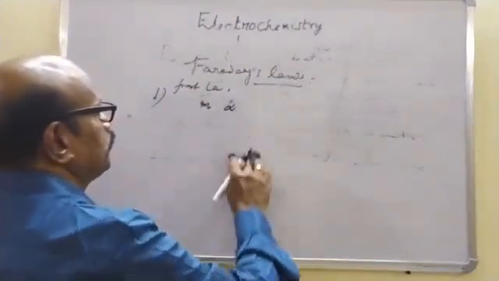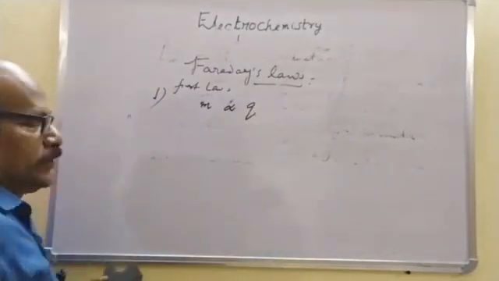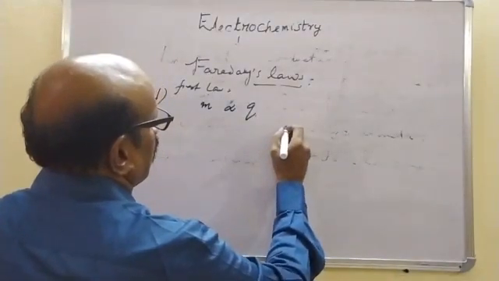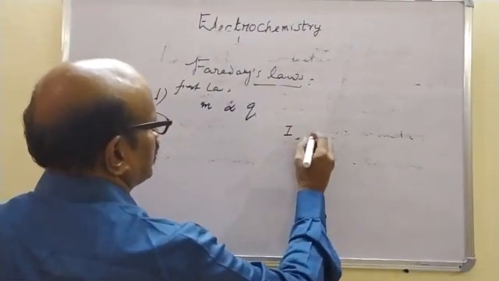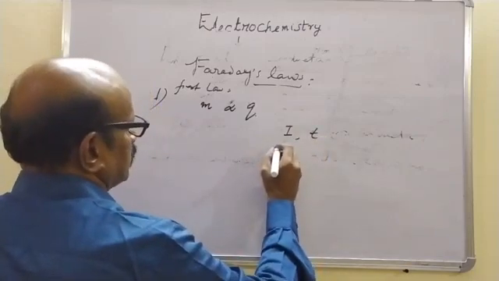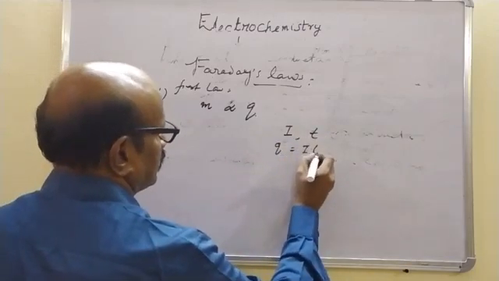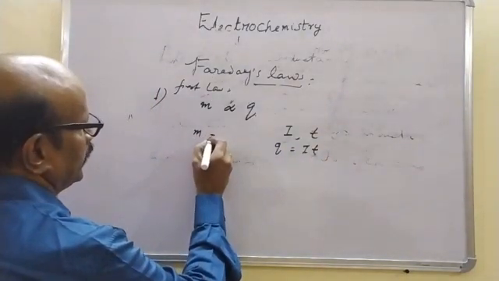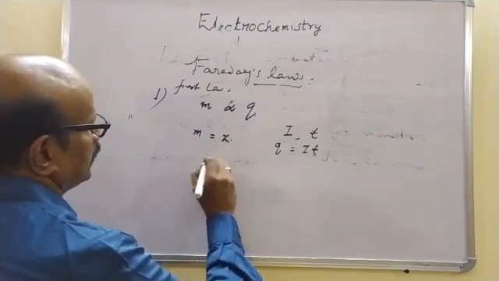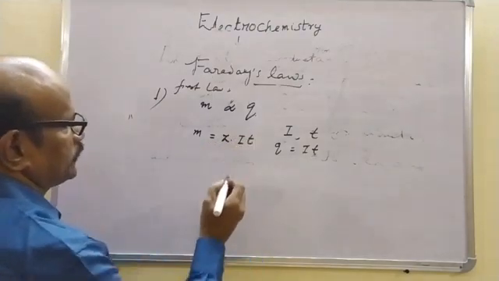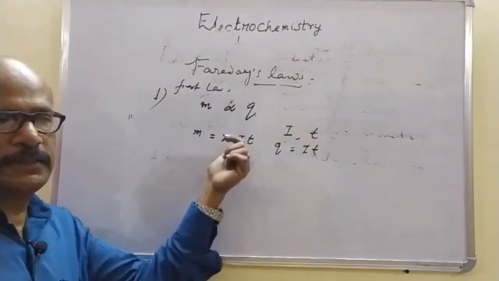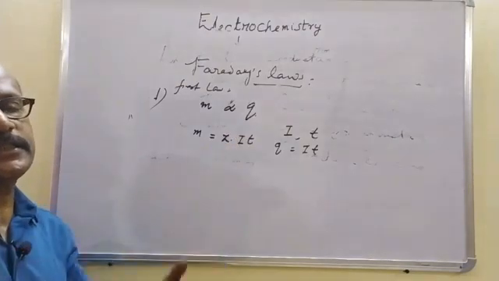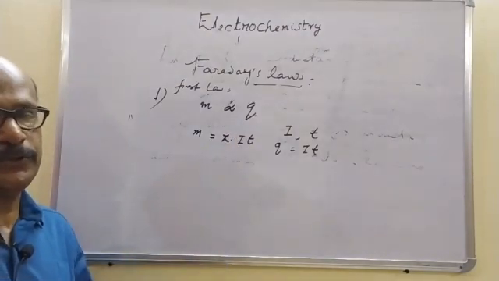Suppose M is proportional to Q, where Q is the quantity of electricity passing through the electrolyte. Suppose I is the strength of the current passing for a time t, then Q is equal to It. Therefore, we can say M is equal to a constant Z into It, where the constant Z is called the electrochemical equivalent, characteristic of the substance that is deposited or produced.